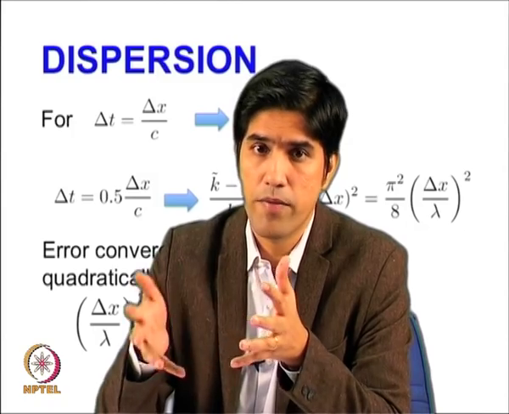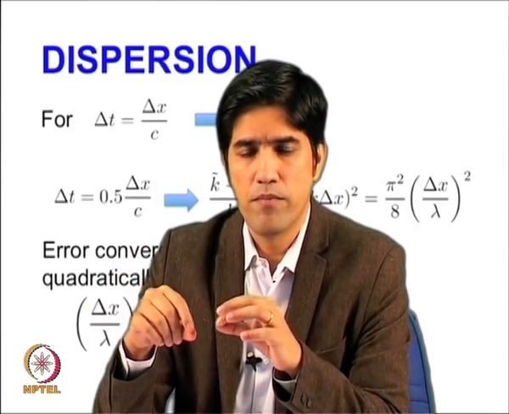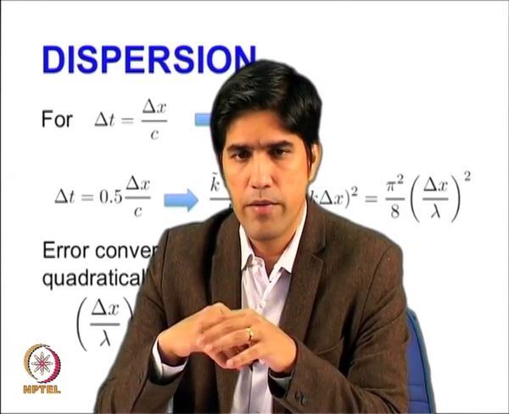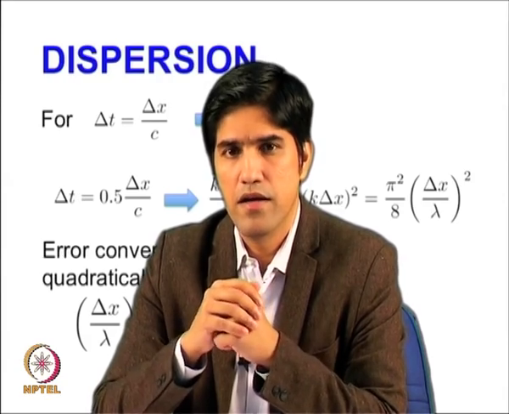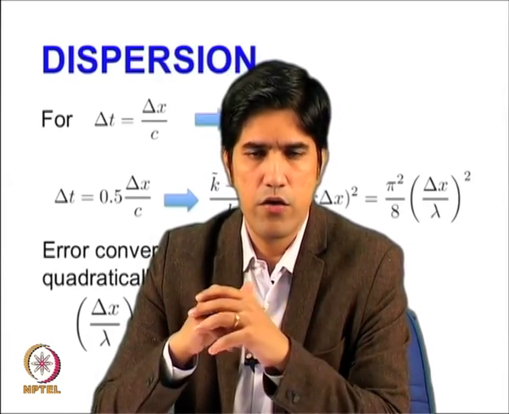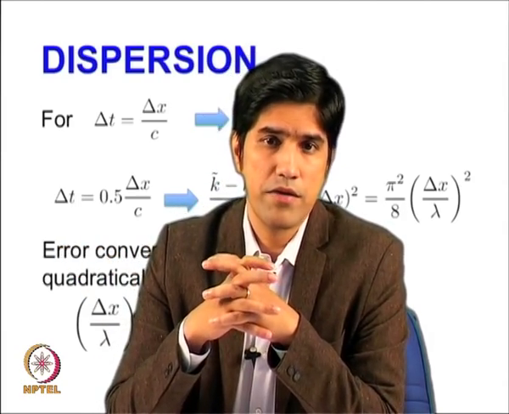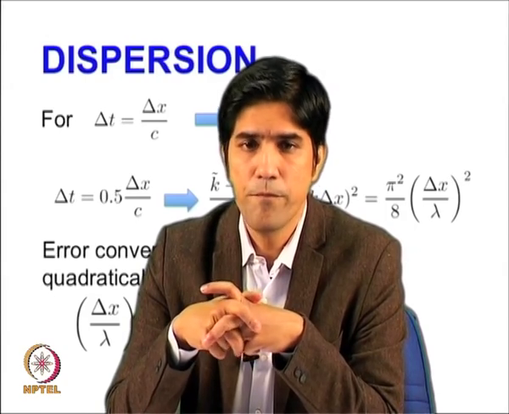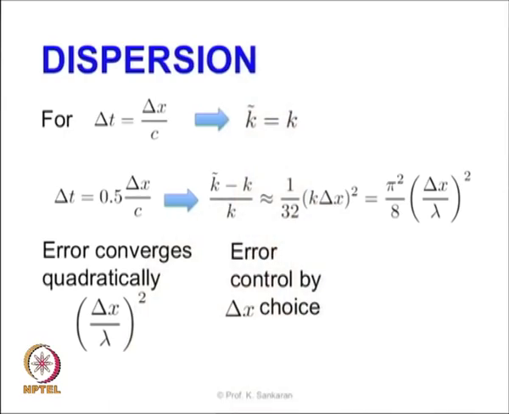So we can't fix one particular direction. In the case of a one dimensional problem, we can pretty much control the error because we can fix the direction of propagation as delta x, and based on that we can vary the value of delta t so as to reduce the error the way we want. But in the case of a multi-dimensional problem, this is not possible, and obviously we are limited by certain choices, and we will see what those choices are.